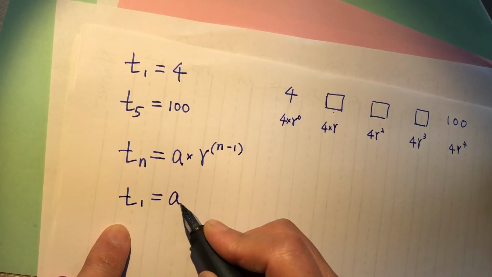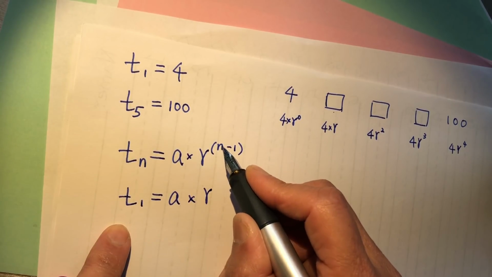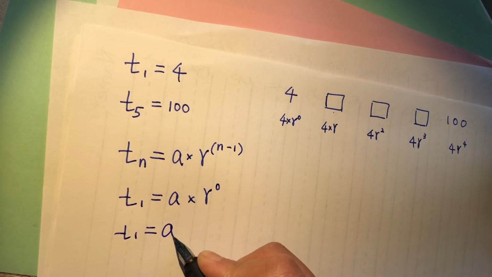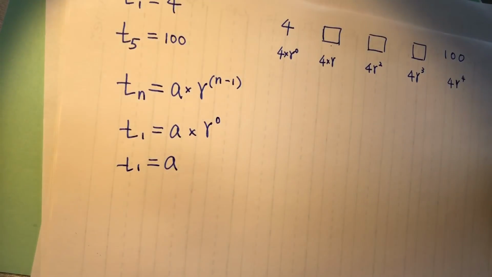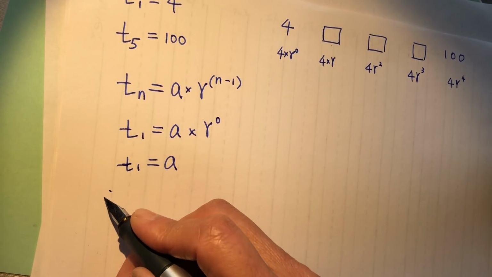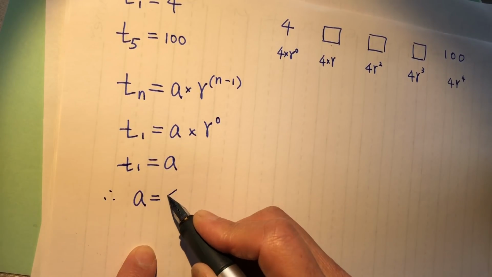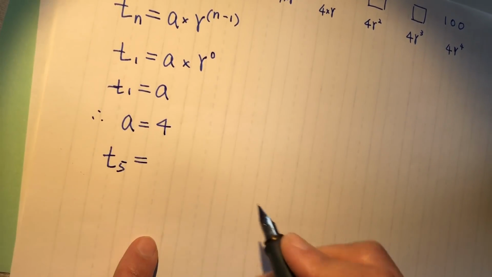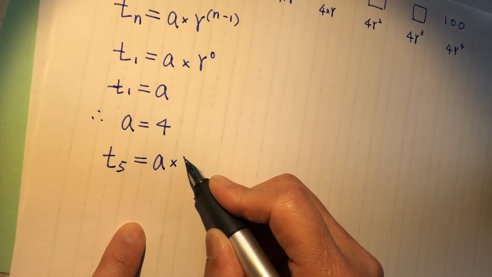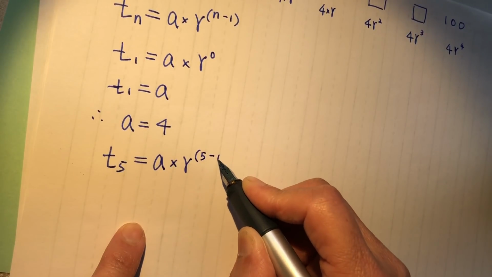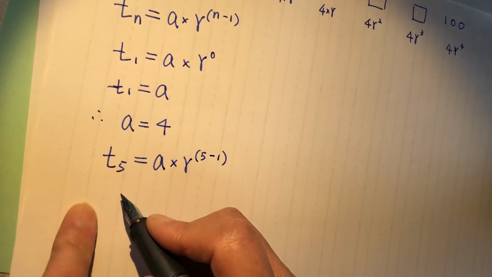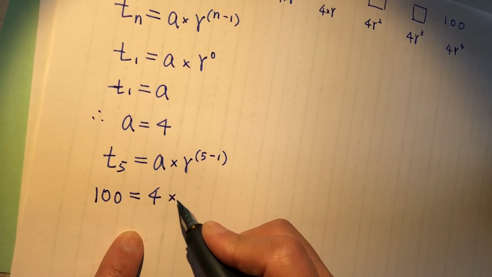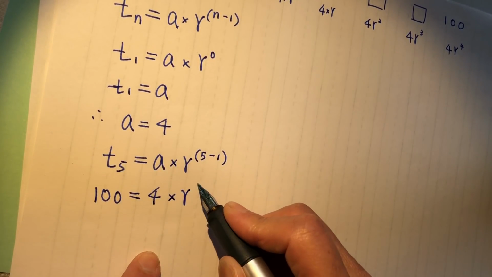T1 equal to a times r to the power of 0, which is 1. So T1 equal to a equal to 4. And T5 equal to a times r to the power of 5 minus 1, right? So T5 is 100, and a is 4, times r to the power of 4.